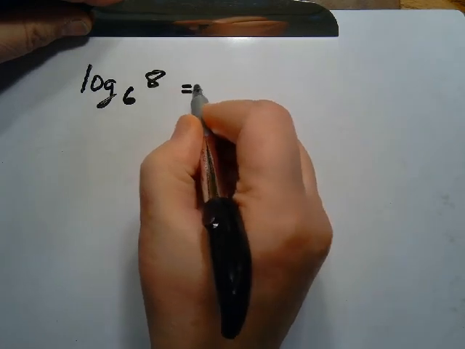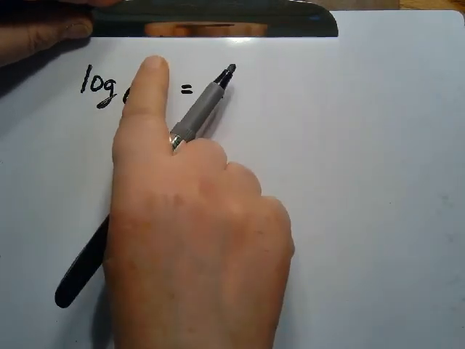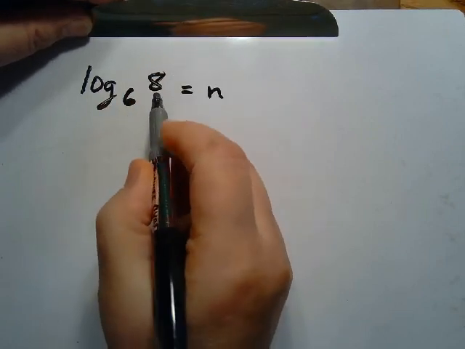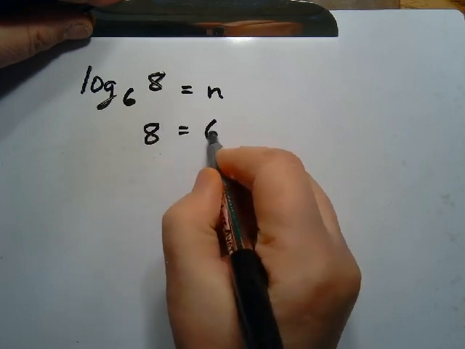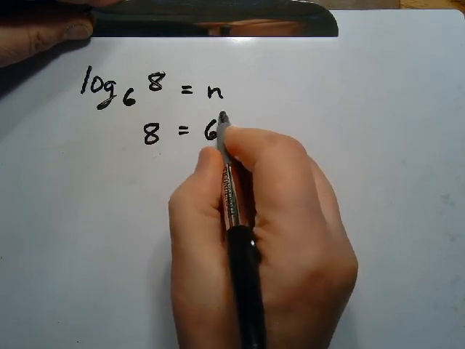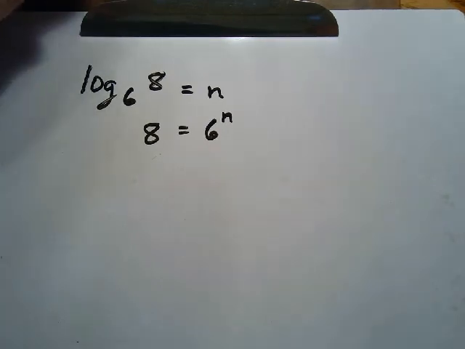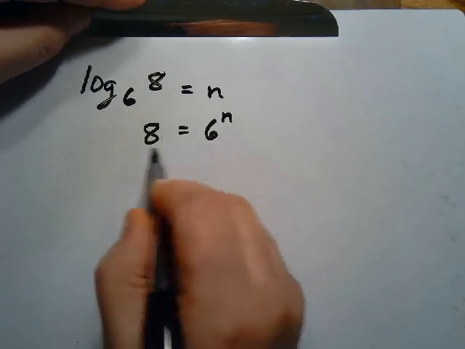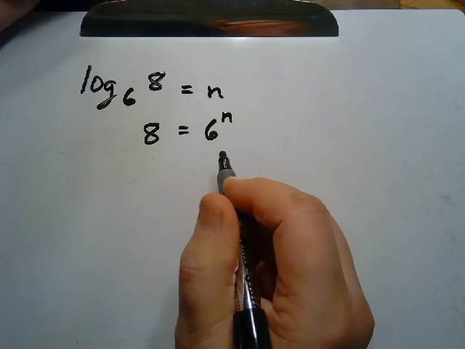Let's go ahead and set this equal to n so that we can work the problem. Now remember, we're going to use the same properties we did way at the beginning here. We're going to drag down the result, throw the exponent to the other side, or base to the other side, and apply the exponent. So 8 equals 6 to the n. Well, there's no way I can get the common base here and do it the way we did before. So we're going to have to use the laws of logarithms and solving logarithms.